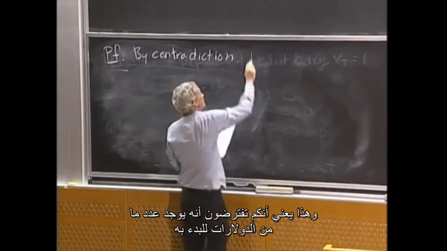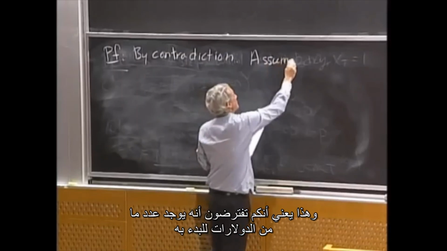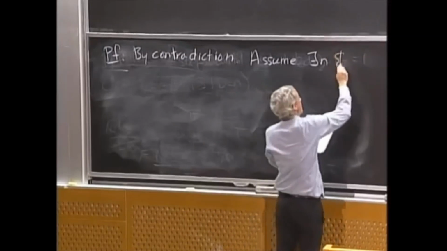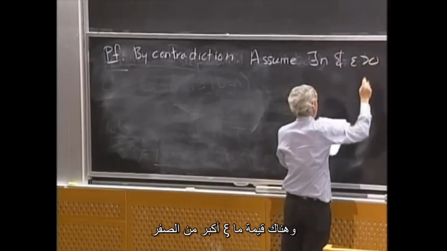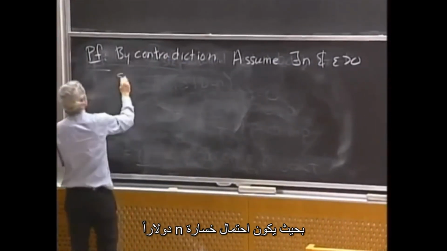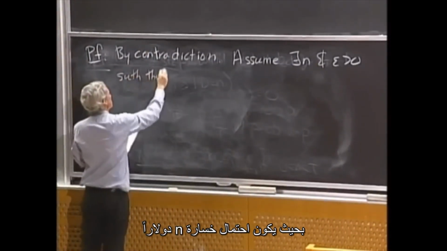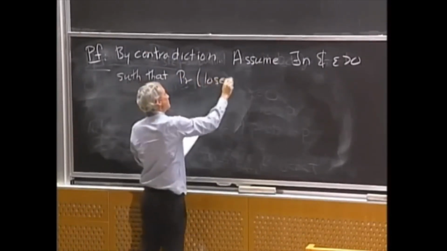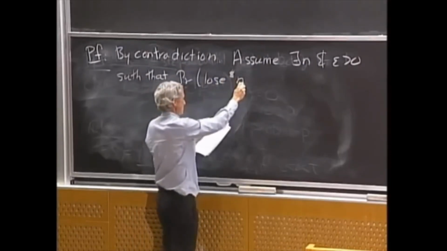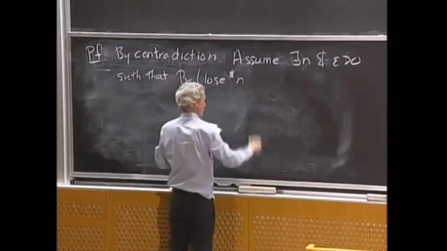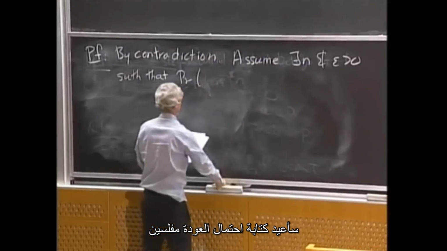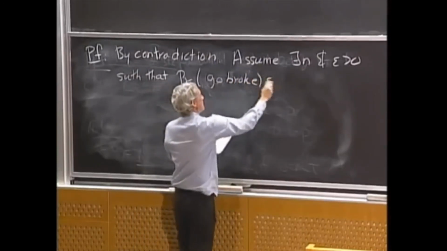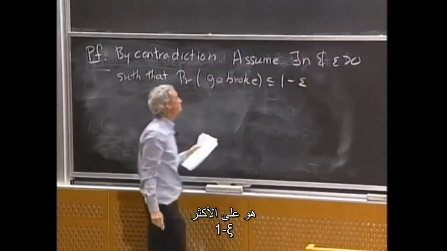And that means that you're assuming that there exists some number of dollars n that you can start with and some epsilon bigger than 0 such that the probability that you lose the n dollars, in which case you're going home broke, let me write it, the probability you go broke, is at most 1 minus epsilon.